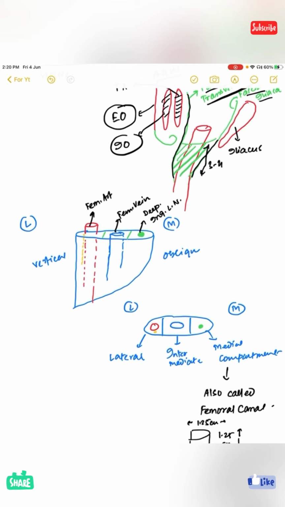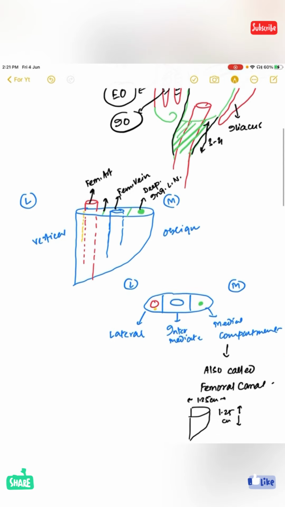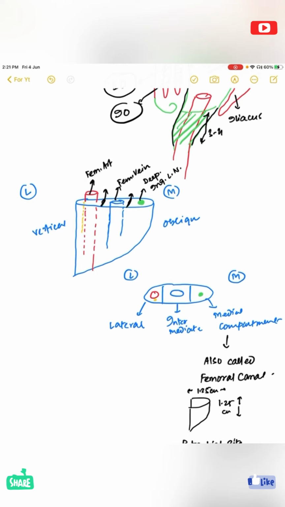This femoral sheath is compartmentalized into three compartments by two antero-posterior septa, right? Here are these two antero-posterior septa. This one is the lateral compartment, this is the intermediate compartment, and this is the medial compartment.